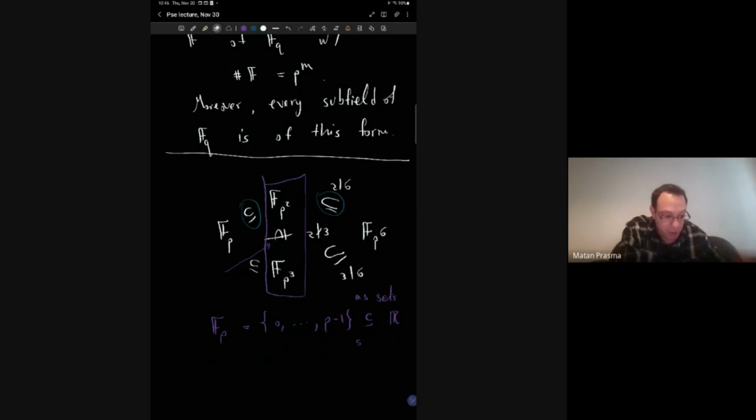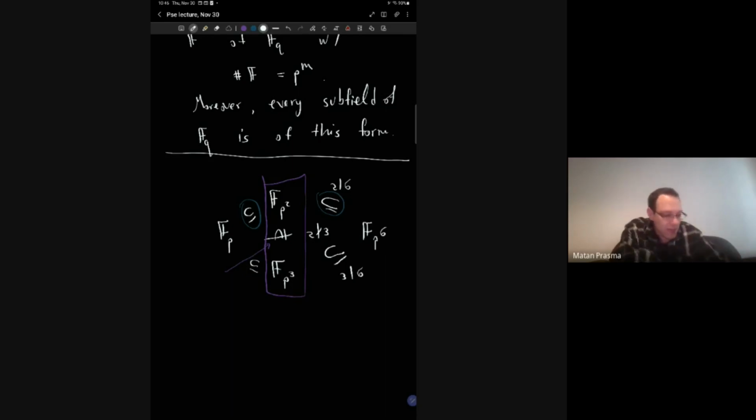And that's really crucial. We essentially only care about subfield inclusions, because the fact that the two sets are included is not very helpful if the operations are different. Exactly.